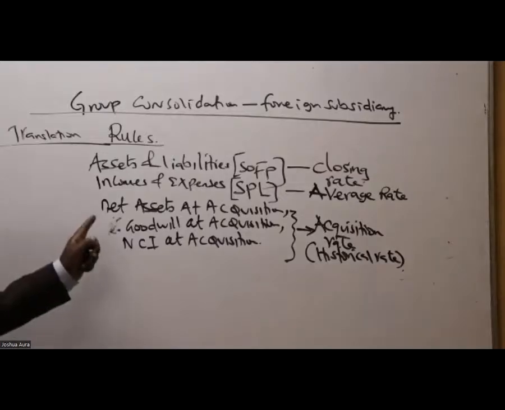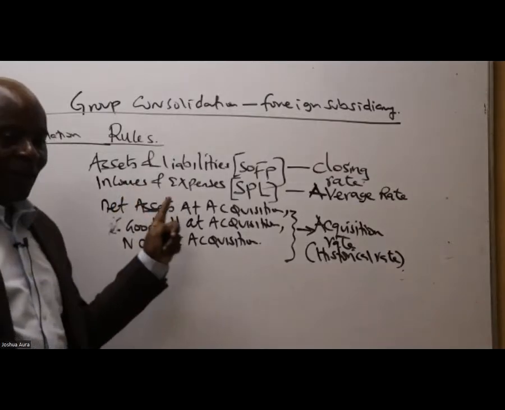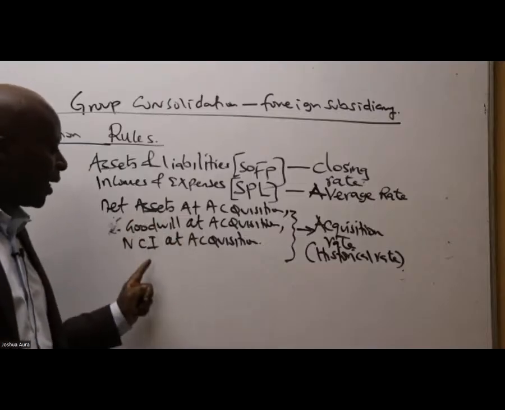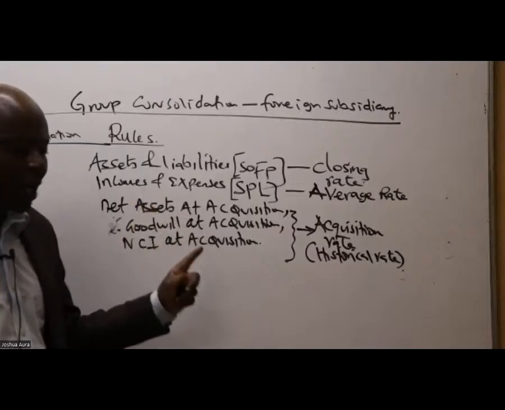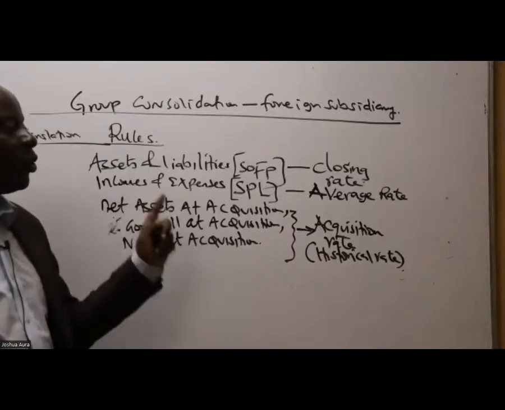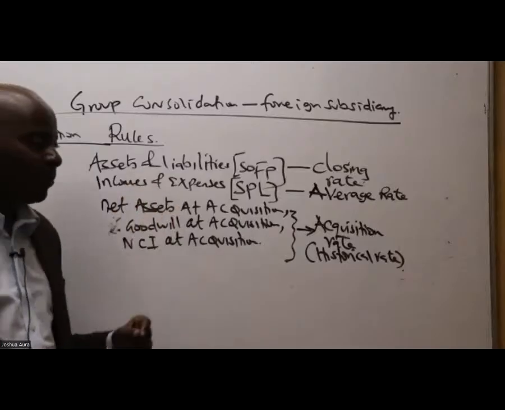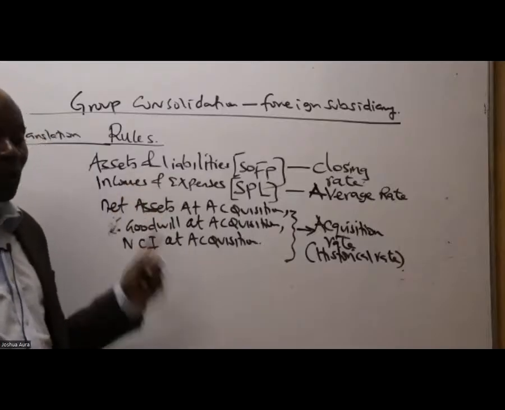So anything you hear like net assets at acquisition, goodwill at acquisition, NCI at acquisition, we shall always be translating them using the rate that existed during the acquisition time, which is also known as the historical rate.